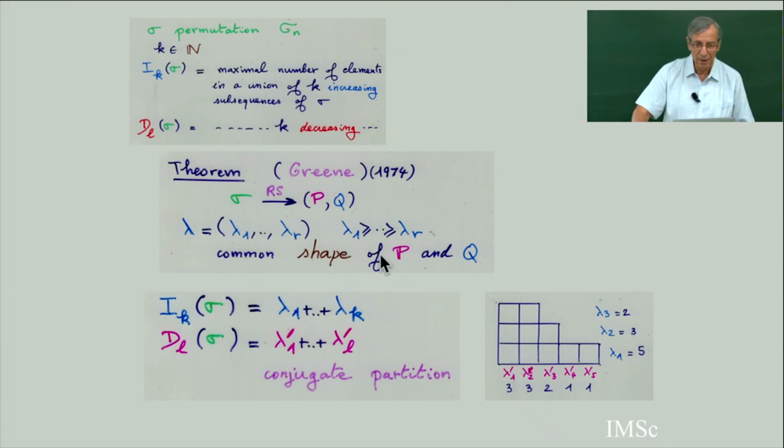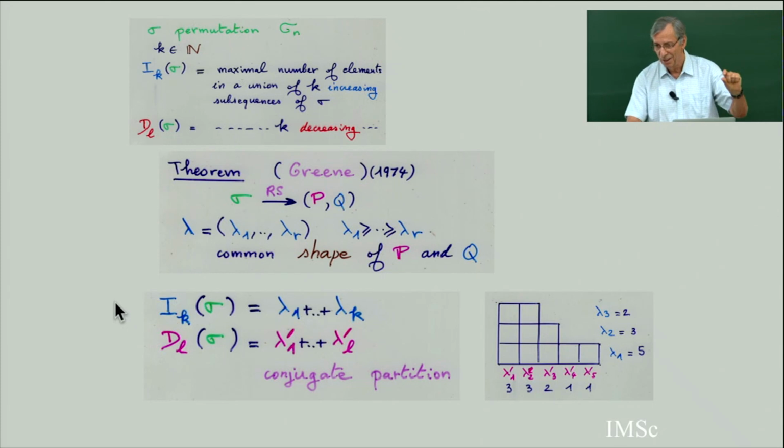And it's a very remarkable property that if you take such a poset or such a permutation, then the difference between i_k and i_{k-1} gives you exactly the number of elements in row k. And if you take the difference between d_l and d_{l-1}, then you get exactly the two partitions which are conjugate to each other. So it is a remarkable theorem which extends to any poset.